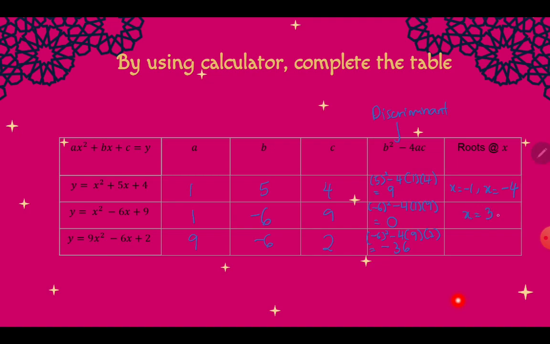Remember that when we talk about x equals 3, it's not one value, it is two values, because a quadratic needs to have two roots. It's just that in this case the values are the same, which is x equals 3.